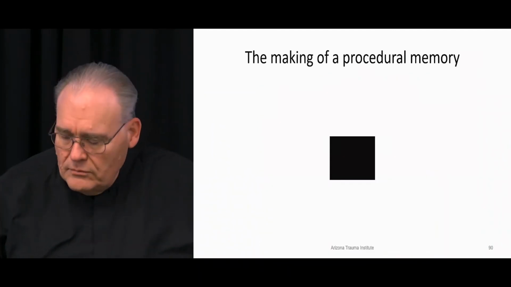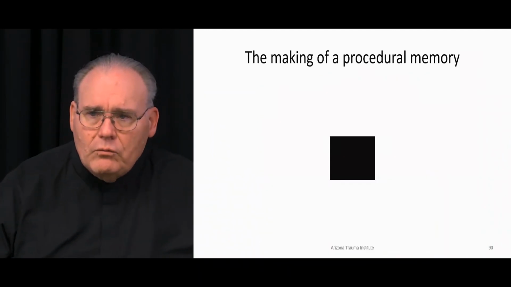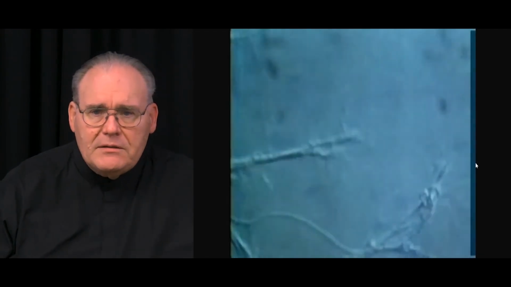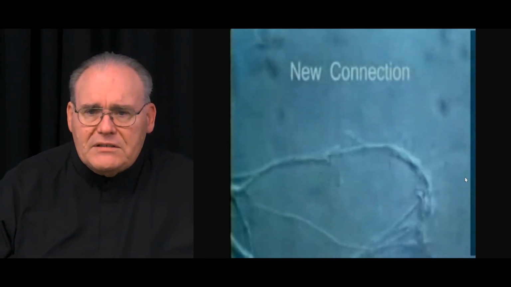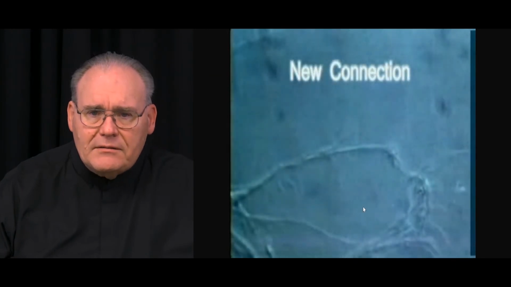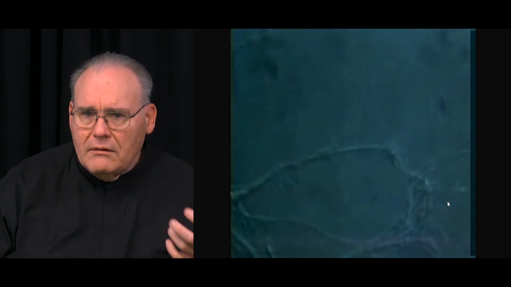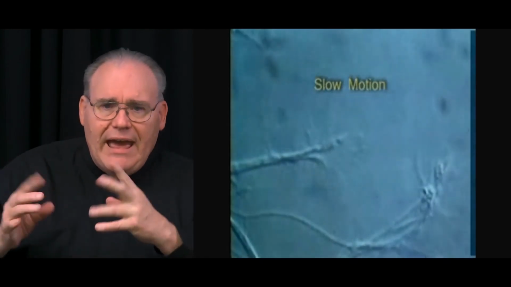So let me kind of illustrate what is happening. You're having experiences in the environment, and your nervous system makes a connection. That is a normal connection. Let's see it again in slow motion. The nervous system is looking to make connections. It's very active.